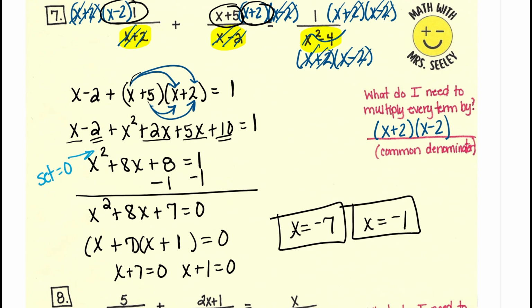Let's do a spot check just to make sure that that doesn't make my equation undefined. So I look in the denominators because that's the place where if I get a 0, it's going to mess us up. The only thing that would mess this equation up is a negative 2 plus 2 or a positive 2 minus 2. But I don't have either one of those situations. So both of those answers are going to check.